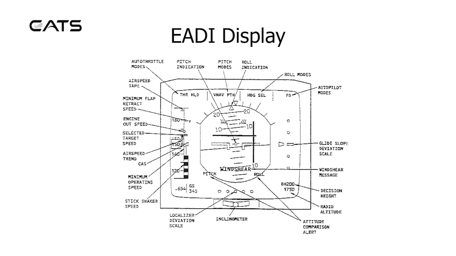And on the left, we can see the speed tape, which consists of the minimum operating speed, the calibrated airspeed, the airspeed trend, the selected target speed, engine out speed, 0, the minimum flap retract speed with the F, and going to the centre of the display, we can see course deviation indicators, pitch limit indicators, and a wind shear alert message, as well as the aircraft symbol and the ground and horizon.